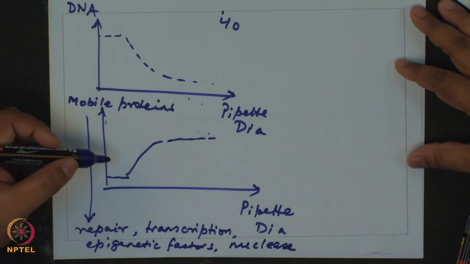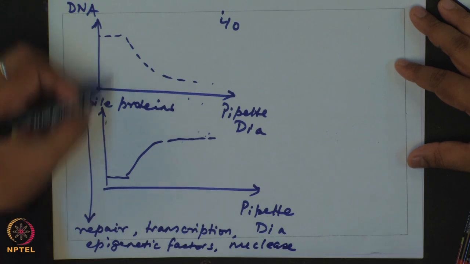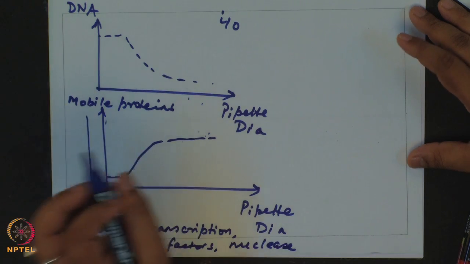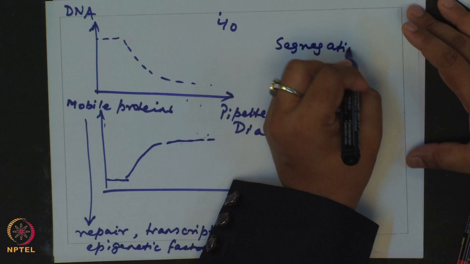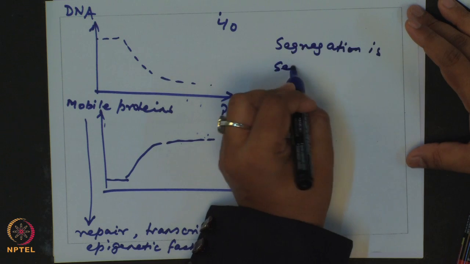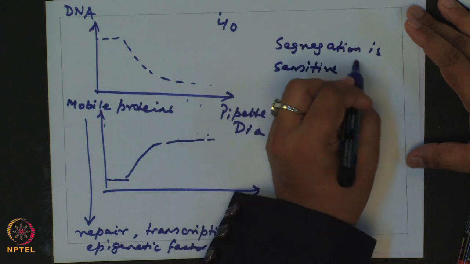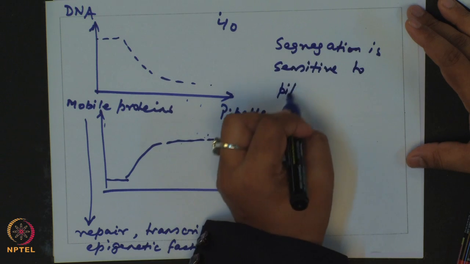For all this, what they find is that there is segregation, and this segregation is sensitive to pipette diameter.